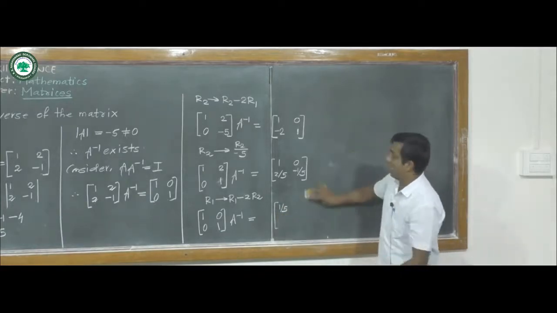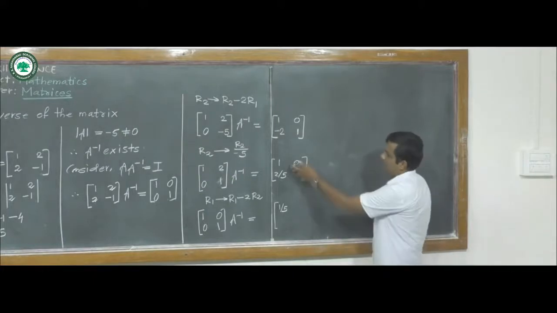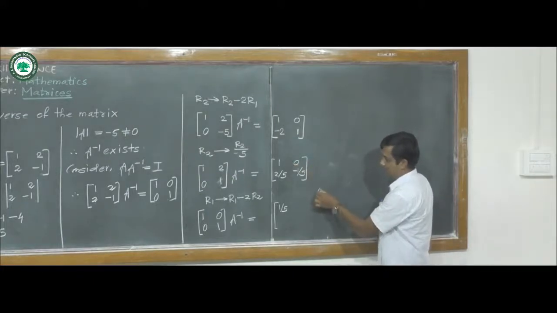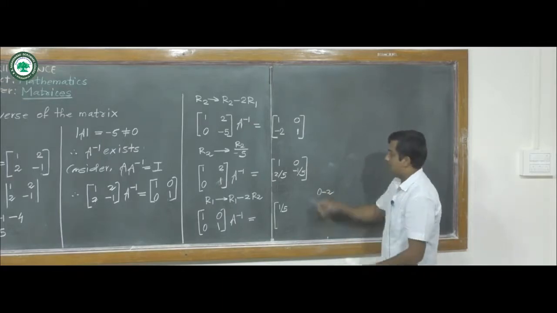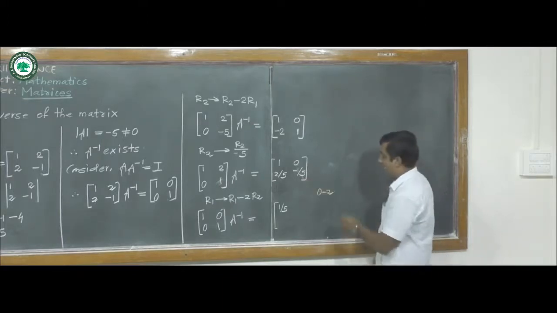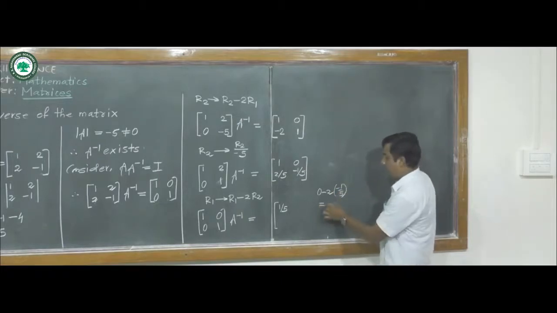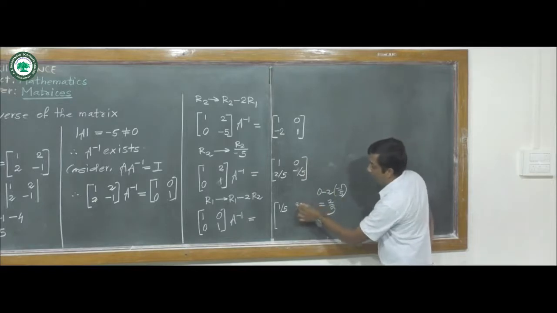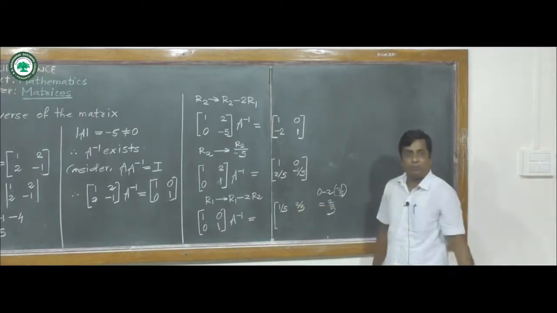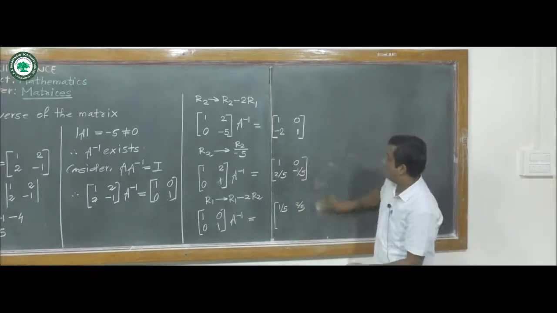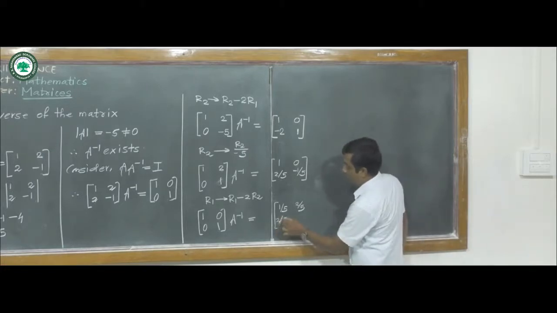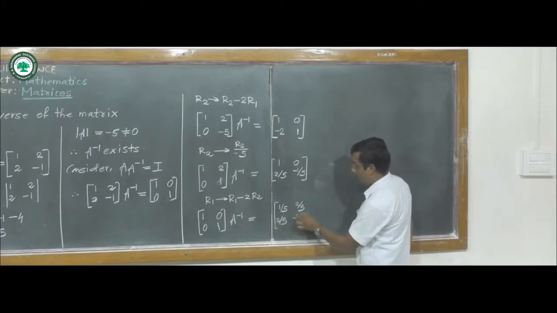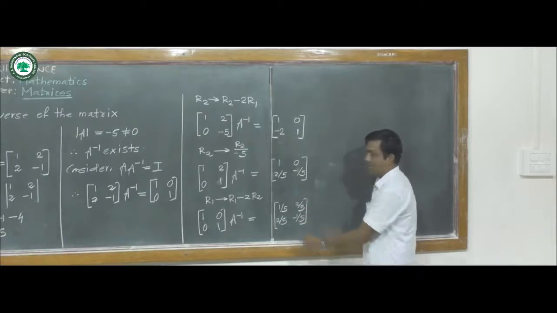Next, the second element from row first is 0, then with minus 2, the second element from row second is minus 1 upon 5, so we get 2 upon 5. So in the position of 0 we have 2 upon 5. Now we keep the second row as it is, 2 upon 5 and minus 1 upon 5 as it is.